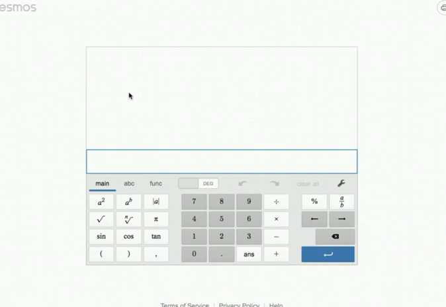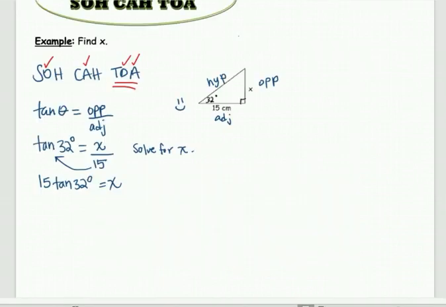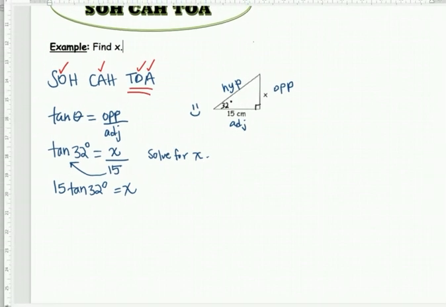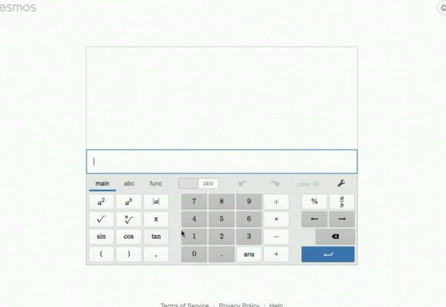So we needed to type in 15 tangent 32 degrees. Actually, if you are not using this, just make sure your calculator is in degree mode.